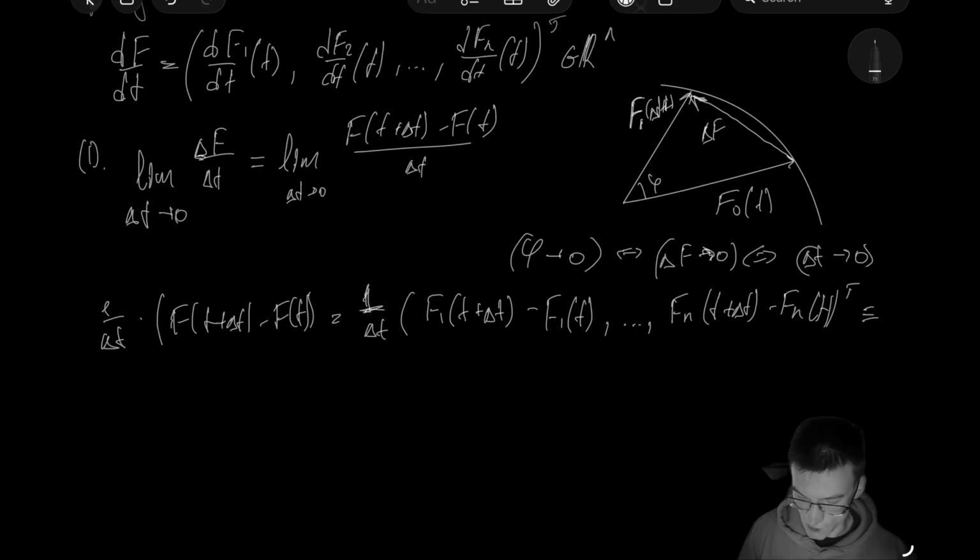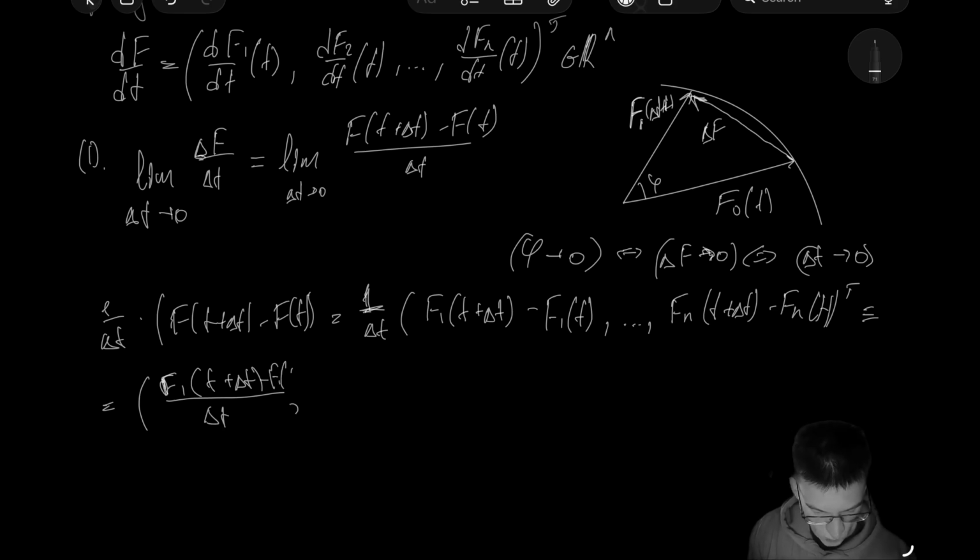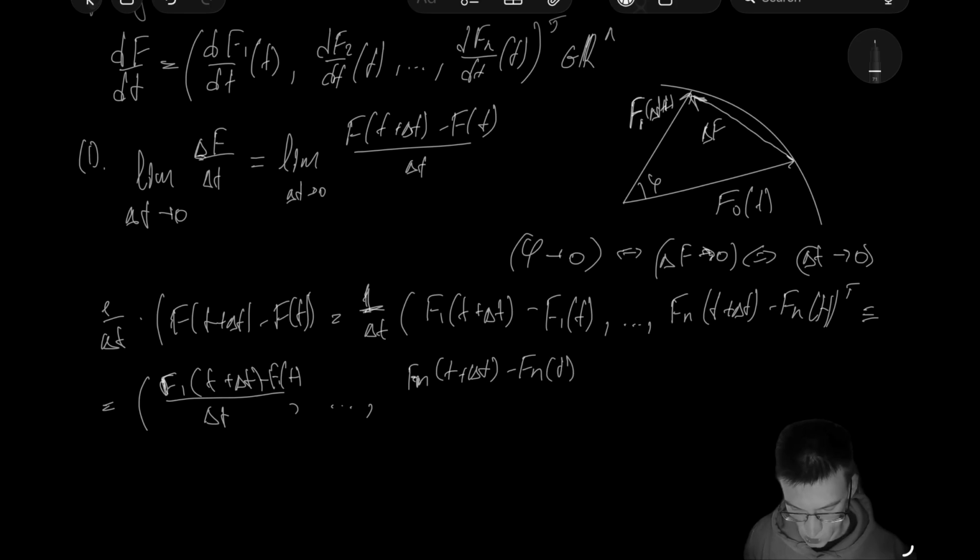We already know from linear algebra, from basic matrix calculus, that this is equivalent to f1 of t plus delta t minus f1 of t over delta t, until fn of t plus delta t minus fn of t over delta t.